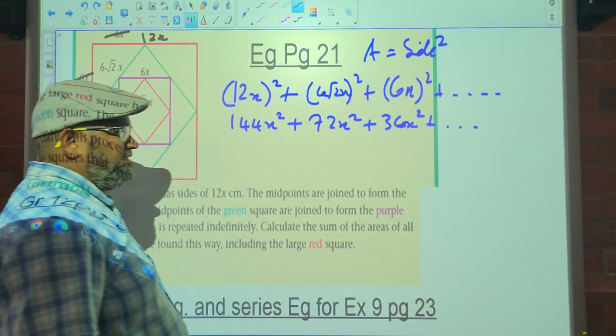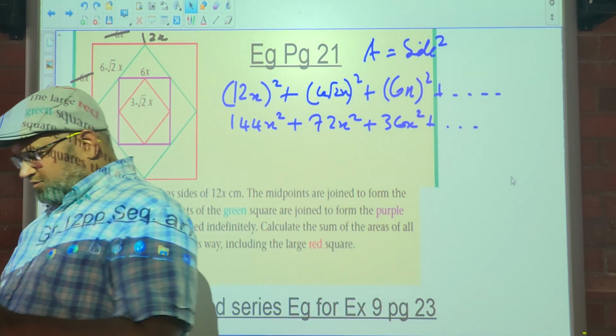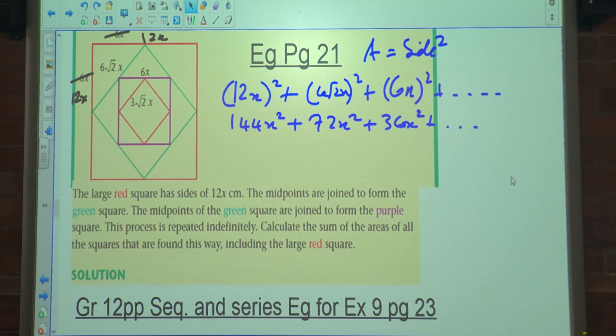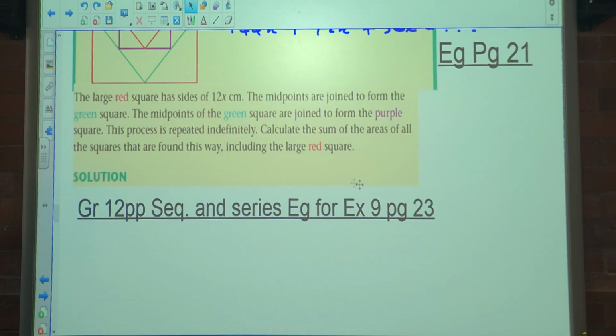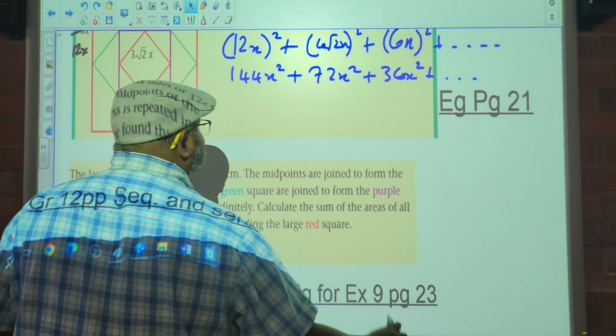How do you work out the sum to infinity? You use the formula. And what is the formula? a over 1 minus r. What's my a value? 144x squared over 1 minus r.